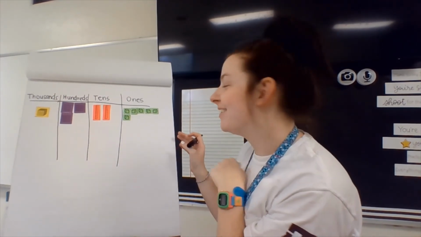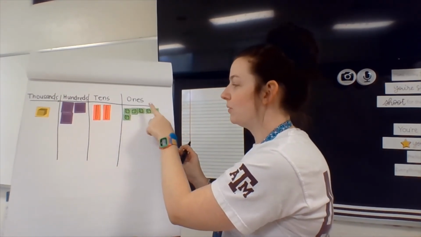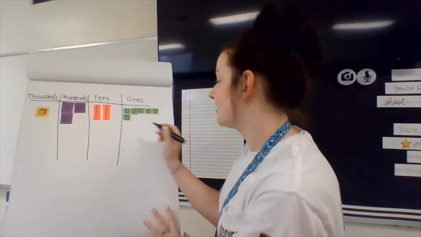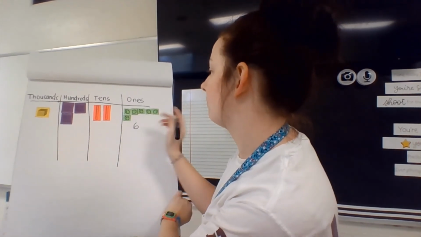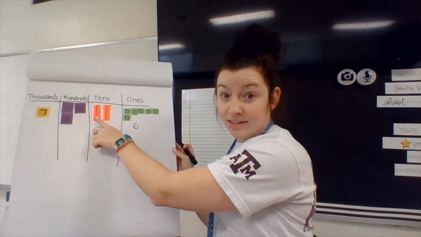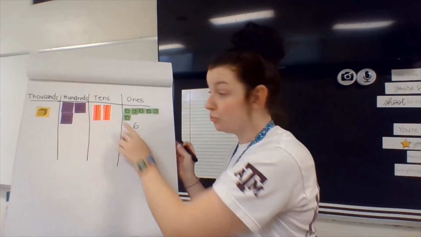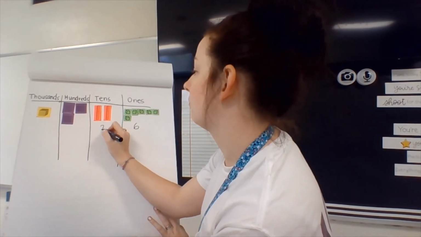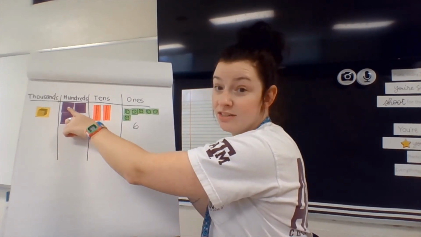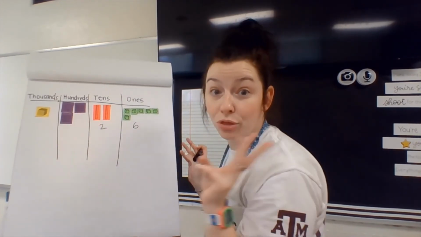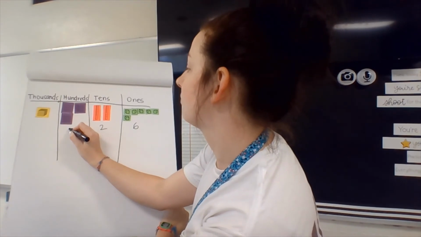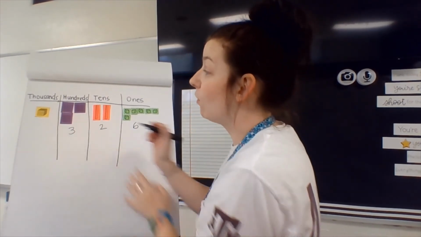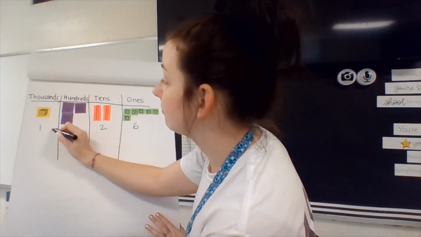So let me count my 1s. It's my smallest value, right? 1, 2, 3, 4, 5, 6. I can count these 10s. 1, 2. I can count hundreds. 1, 2, 3 hundreds. And I have 1,000.